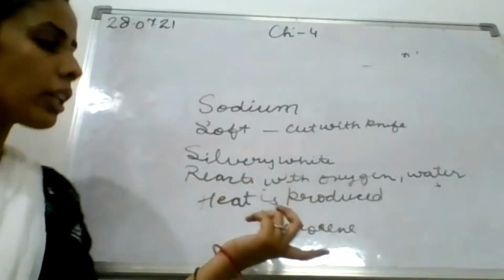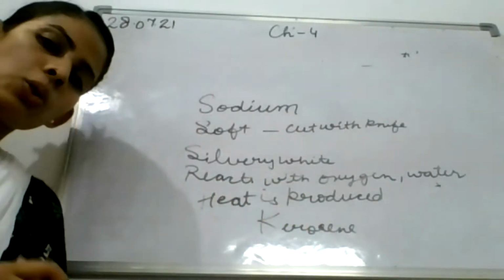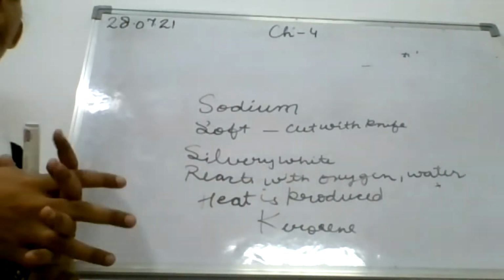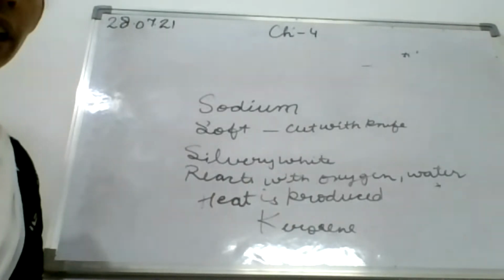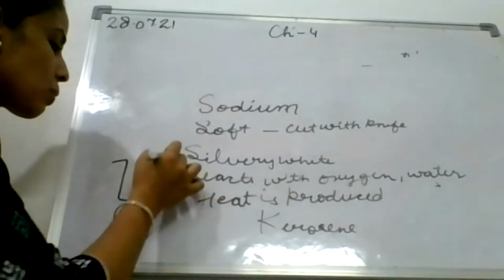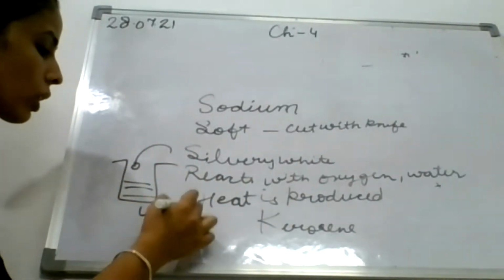It can be stored in kerosene. So you have to firstly clean that sodium piece that you are taking. Then you will wrap it in cotton, and then add it into the beaker that contains water.